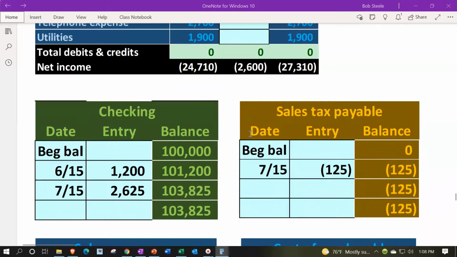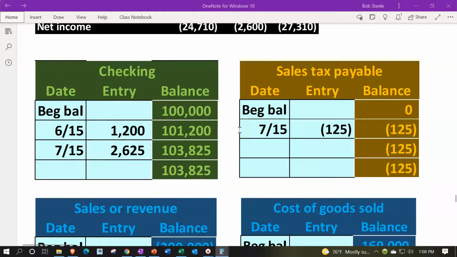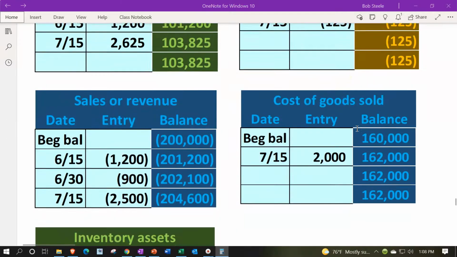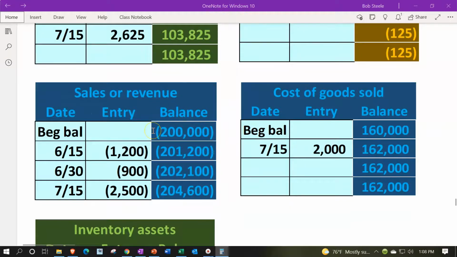So then if we look at the impact on the GL accounts, the checking account went from $100,000 prior to the transaction, up by $1,200 to $101,200, then up by this transaction to $2,625, this one including the sales tax that we're going to receive, to $103,825. Sales tax payable going up by the $125 to the $125. The sales was at $200,000 starting.